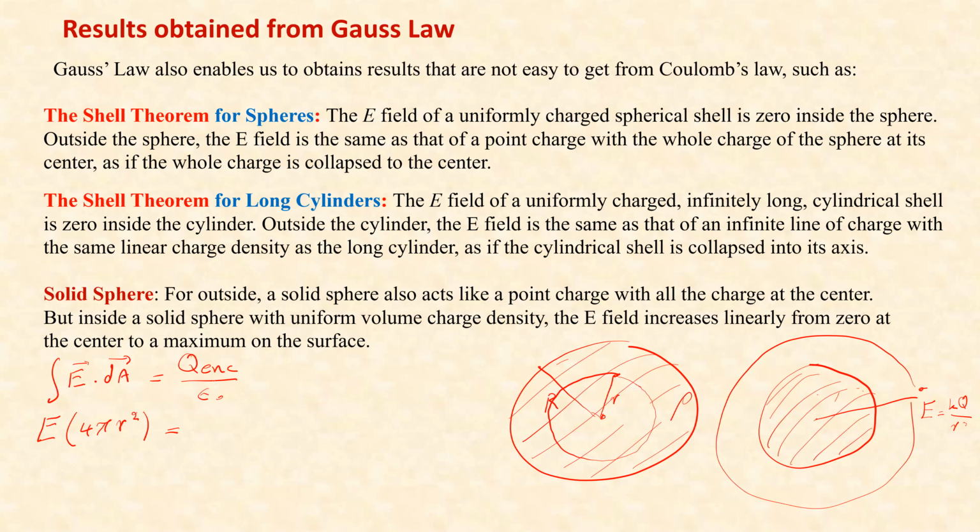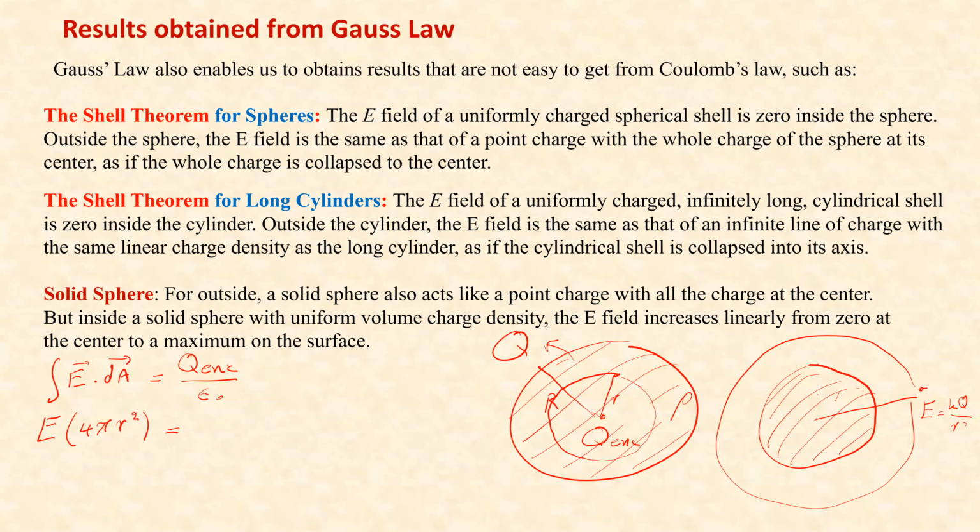What is Q enclosed here? If the total charge of the sphere with radius capital R is Q and the charge is uniformly distributed over the volume, what is the charge inside the Gaussian surface?